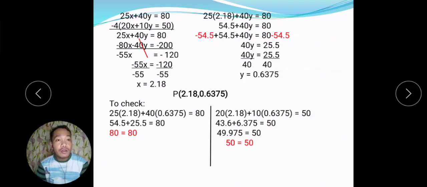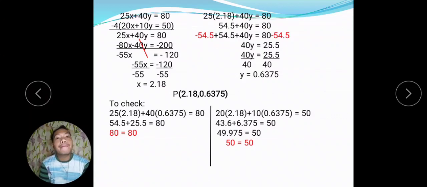What remains is 40y equals 80 minus 54.5, which is 25.5. We will divide both sides by 40, so y is equal to 25.5 divided by 40, which is 0.6375. We already have the value of our y.